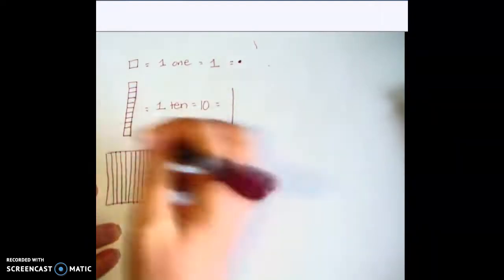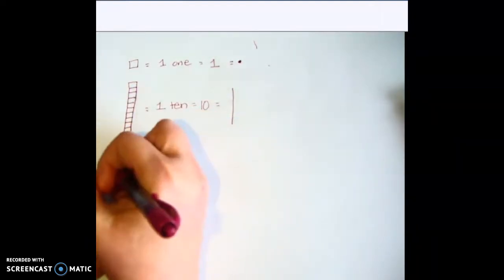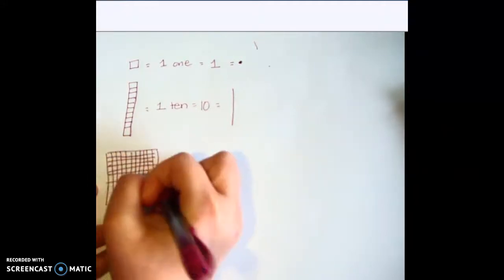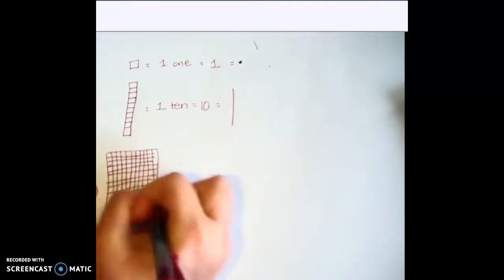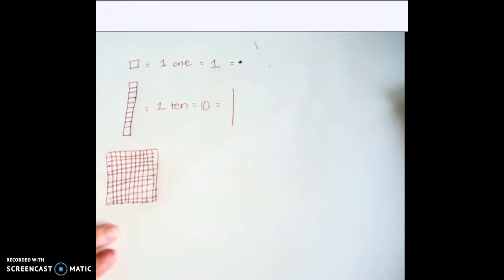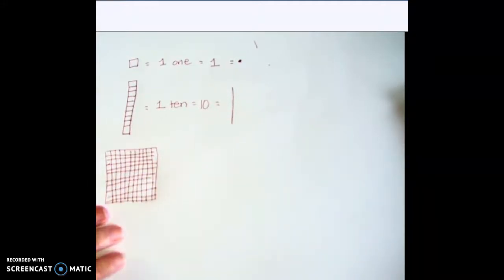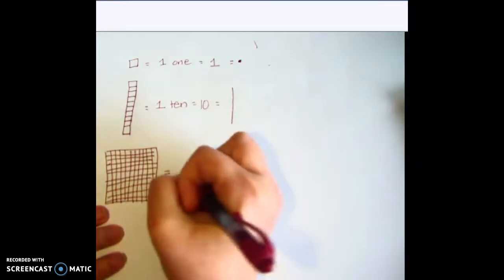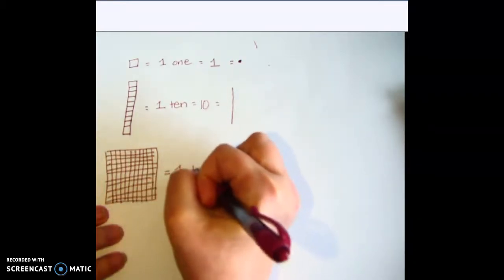And then it also has 10 going this way: 1, 2, 3, 4, 5, 6, 7, 8, 9, and 10. And you can see I'm huffing and puffing over here, because if every time I have to draw 400, I have to draw that to represent it, it's going to take me a long time. So let's show what that is. That's 100.